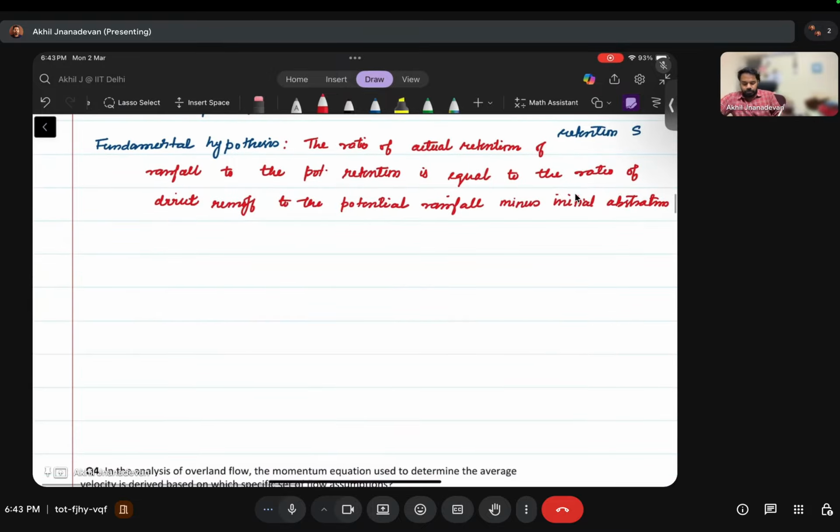In mathematical terms, we can say FA, that is actual retention of the catchment, divided by the maximum potential retention S, is equal to PE, the rainfall excess, divided by the potential rainfall, that is maximum rainfall P minus IA. So this is the hypothesis.